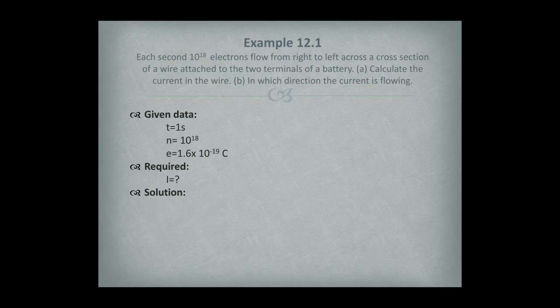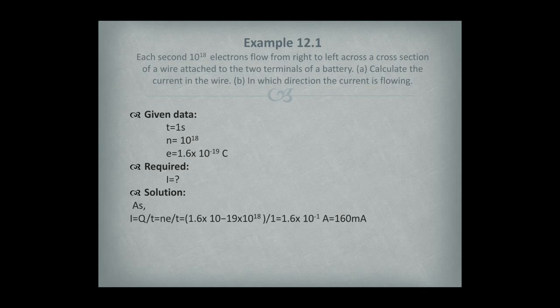Now we come to the solution of this numerical problem. The formula we are going to utilize here is I is equal to Q by t. But here, if you remember the previous lectures, we are familiar with the equation for quantization of charge. Capital Q is equal to n into e, where e stands for charge of an elementary particle, n is the number of particles.